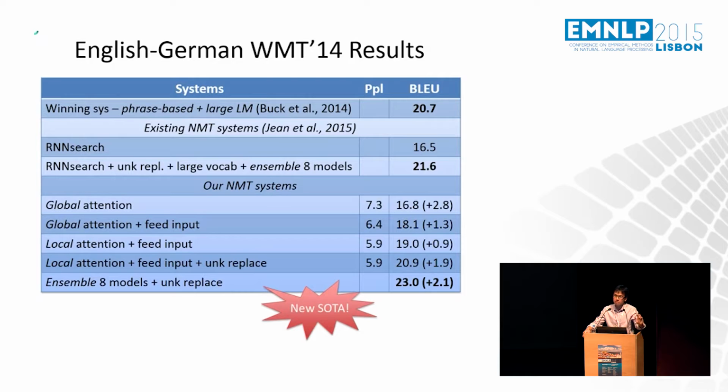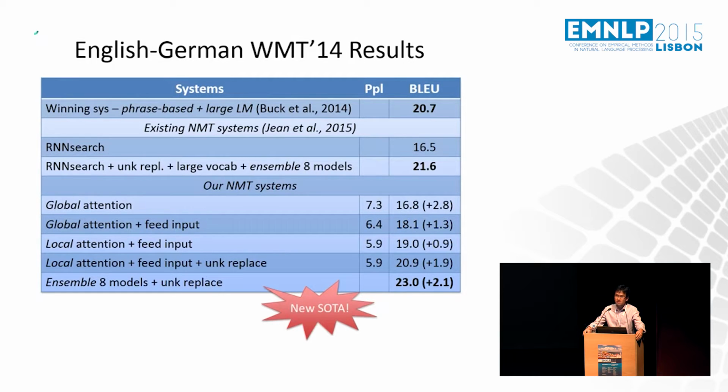They all have the same 4 layers network, the same dimensions, with different things like global attention and local attention. Of course, we have a deeper network, which might be better than the Montreal system, but at the same time, the Montreal system has things like maxout network and deep output. So it's really hard to do an apple-to-apple comparison here.